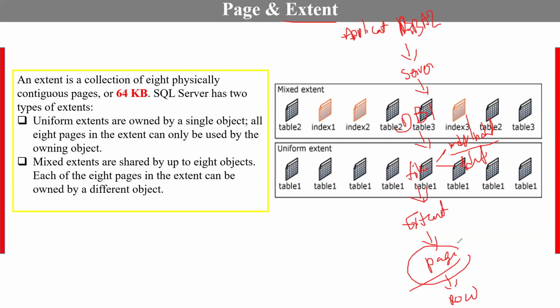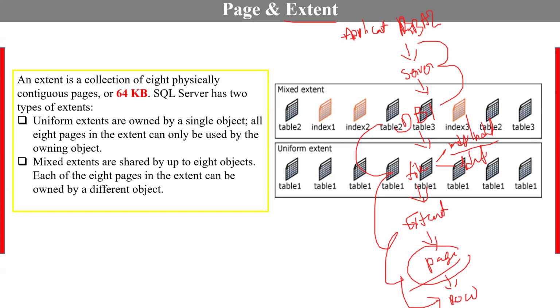This is the hierarchy. Every application is mapped to the server. Every server is nothing but a SQL Server instance. Every instance contains databases. Every database contains files. Those files contain extents, and extents contain pages. In those pages your data is stored. Makes sense? Easy for your understanding?